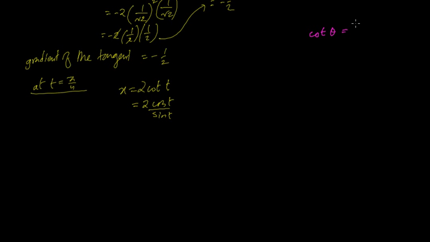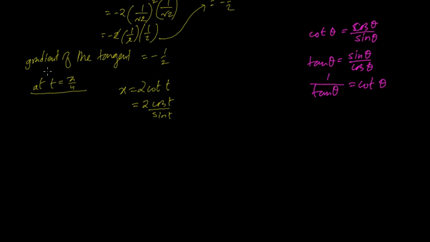Cot theta is identical to cos theta divided by sin theta. Tan theta is identical to sin theta by cos theta, and the relationship between tan theta and cot theta is that the reciprocal of tan theta is cot theta. So these are the identities that we need.